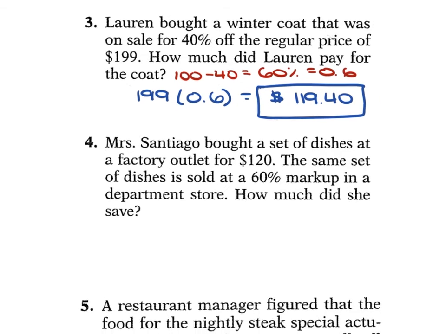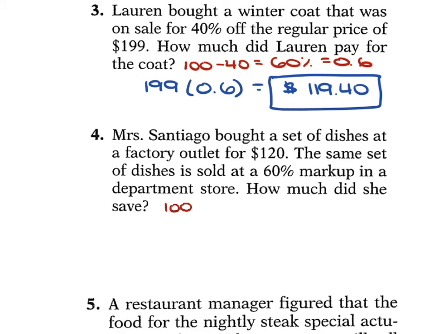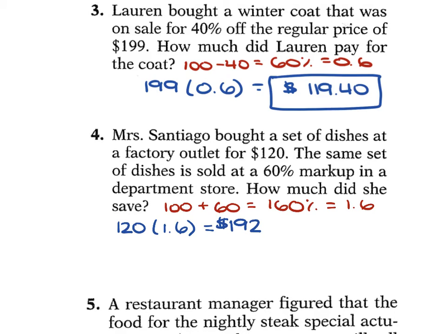So we're going to do 100 plus the 60%, which is 160%. From there, that's 1.6. We're going to multiply that by the 120. And we get $192. So if we subtract these two, that's a difference of $72 that she saved.